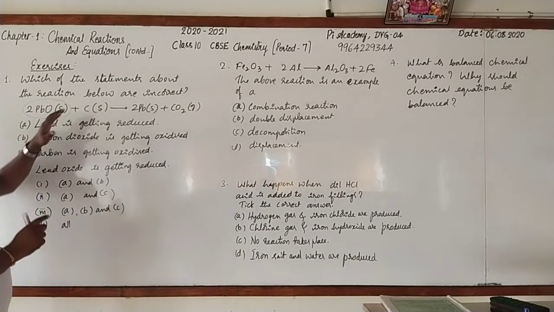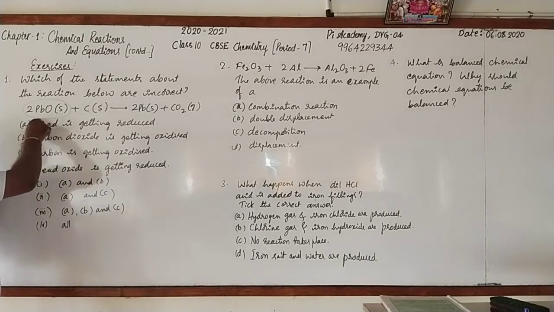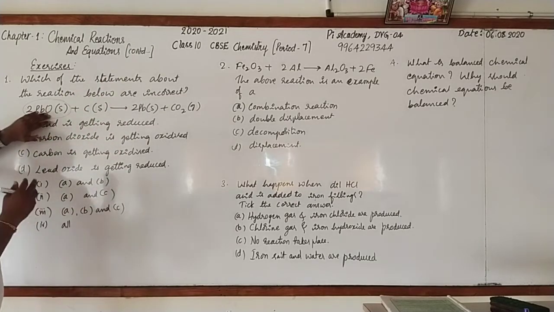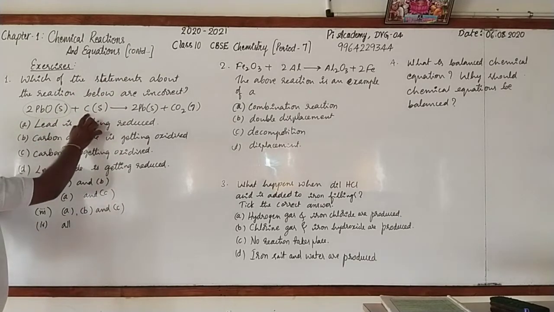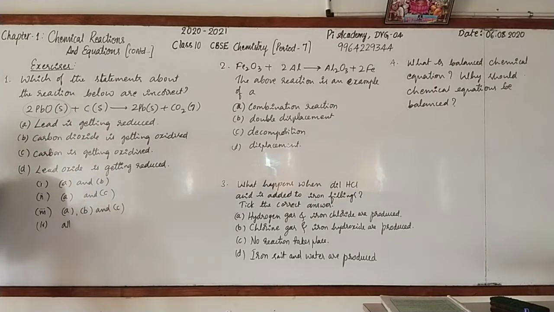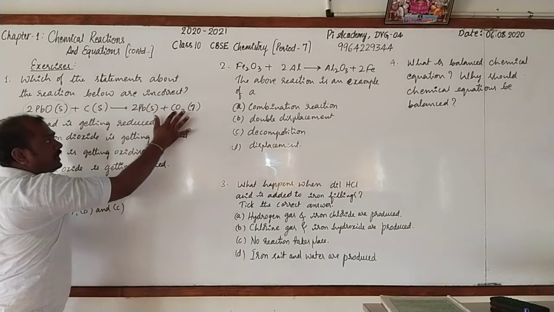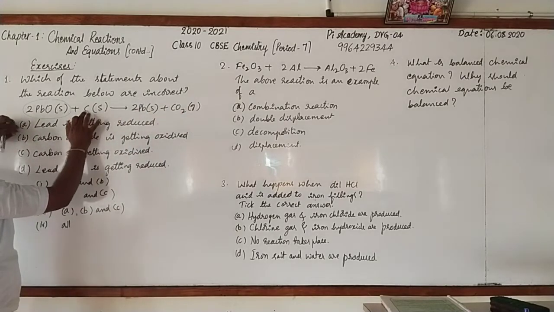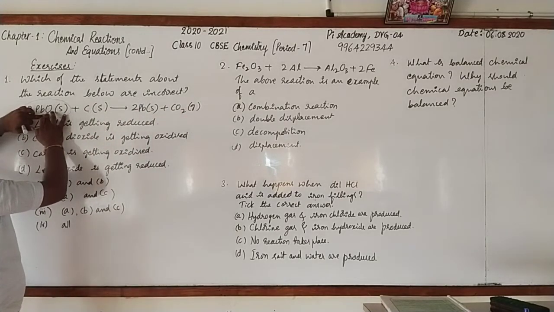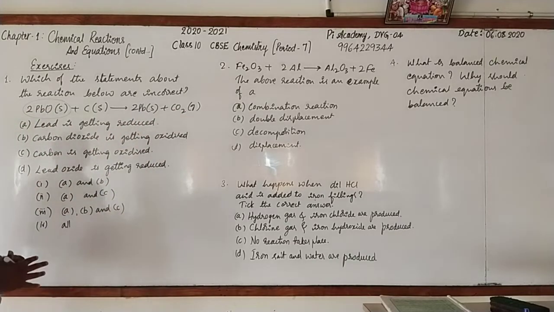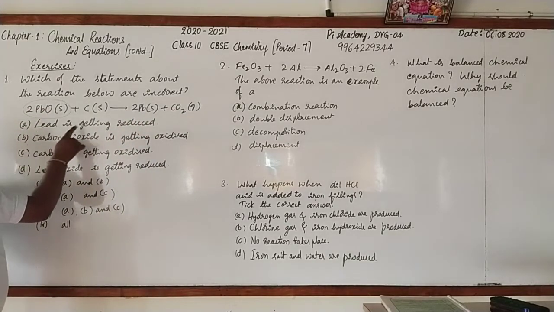Next, the substance which removes the oxygen from the oxidizing agent is called the reducing agent. Here C is a reducing agent, and it gets oxidized to carbon dioxide. That means it takes oxygen from lead oxide and becomes carbon dioxide.